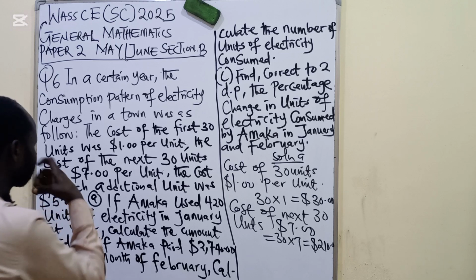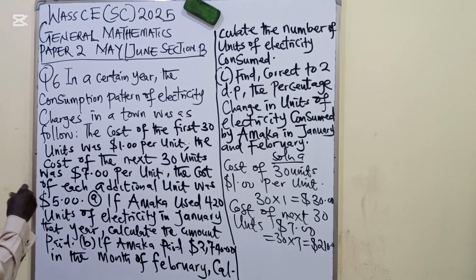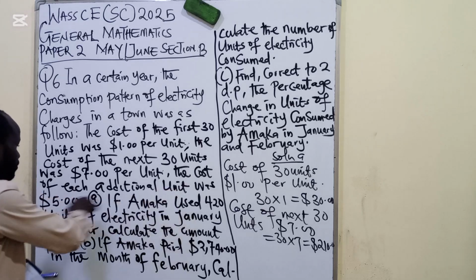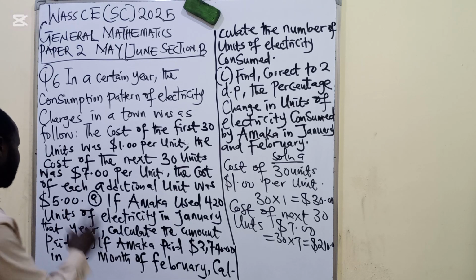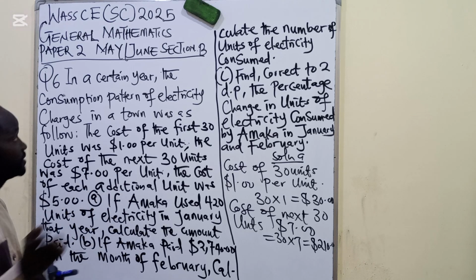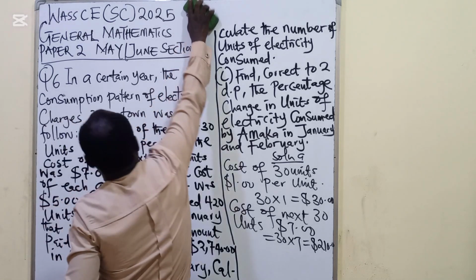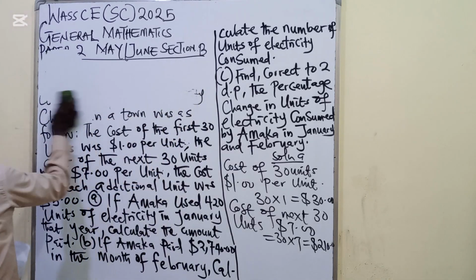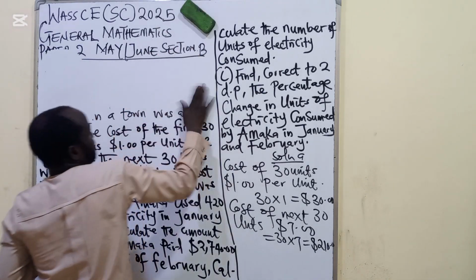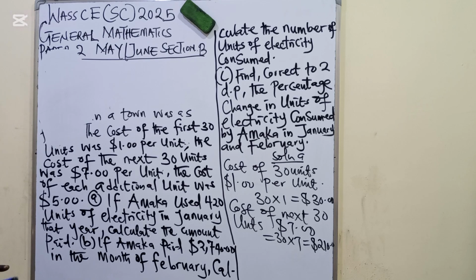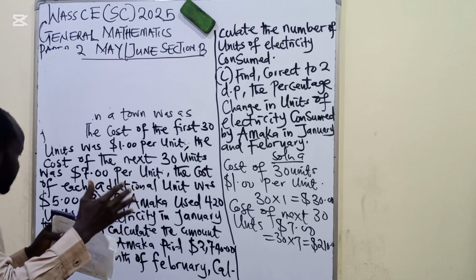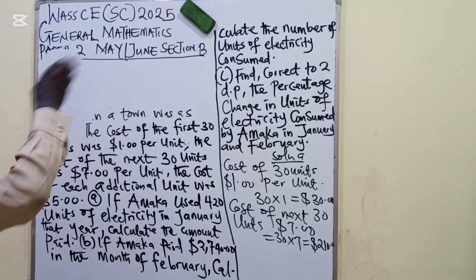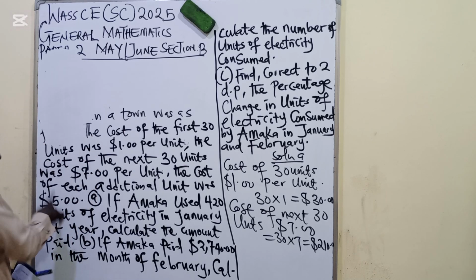Then the question now says the cost of each additional unit was $5. So you have to find the additional units now. If Amaka, that's A, if Amaka used 420 units, we have to remove these 60 units from here for us to know the remaining units, so that we can find the cost of the remaining units at $5 each.